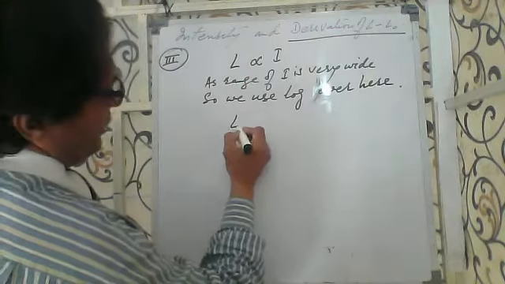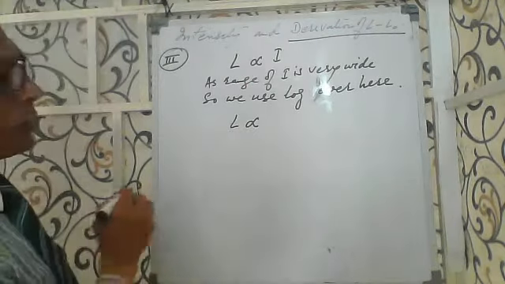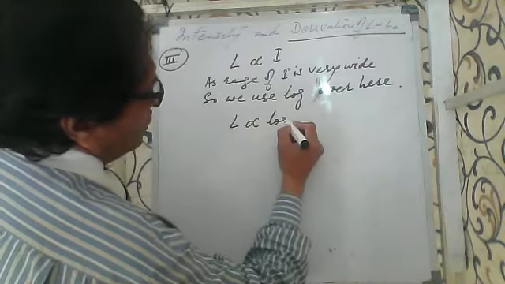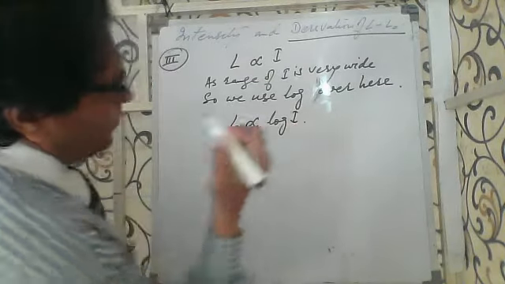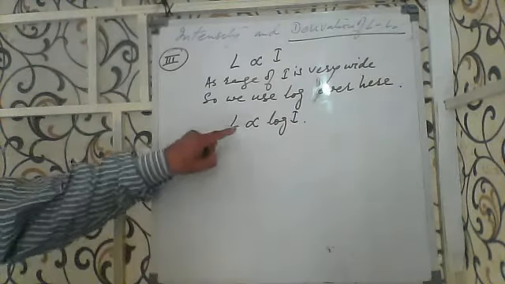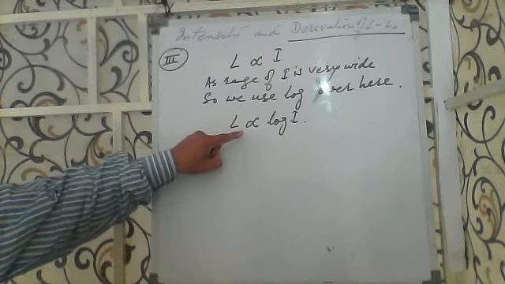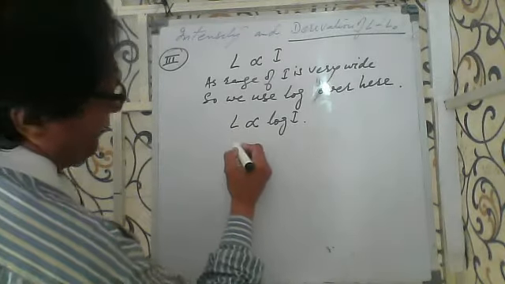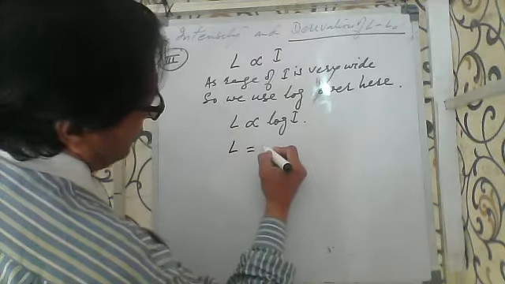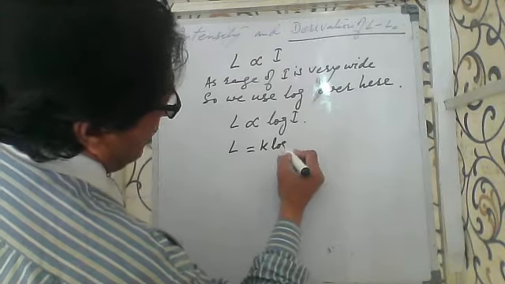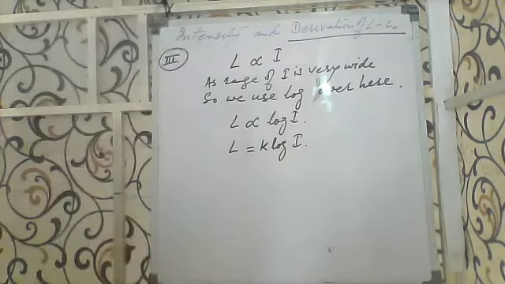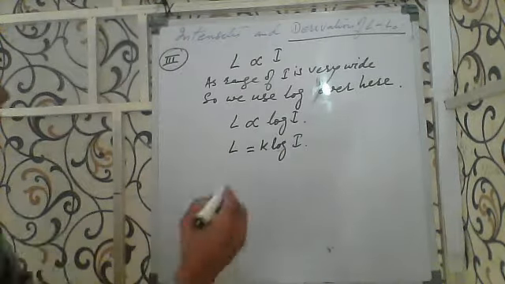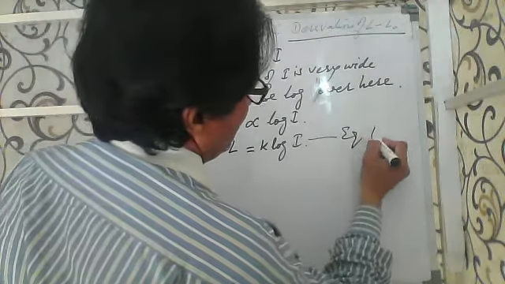So we can write it as loudness is directly proportional to log of I. Converting this relation into equation, we get L is equal to K into log of I. So we have got this equation 1.